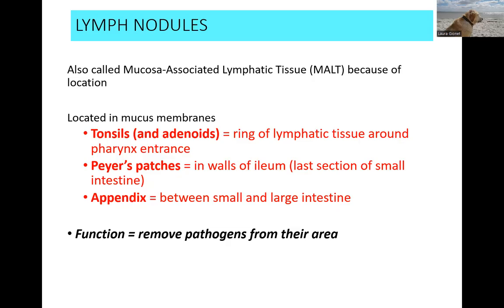All of these, as well as the appendix, which is kind of an obsolete organ at this point. The appendix is a little remnant of your immune system that looks like a little tail at the base of what's called the cecum, where the small intestine meets the large intestine.